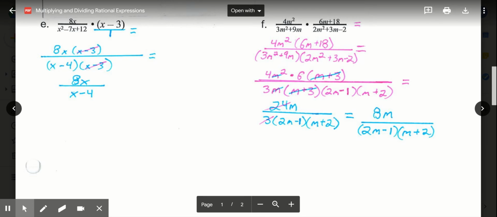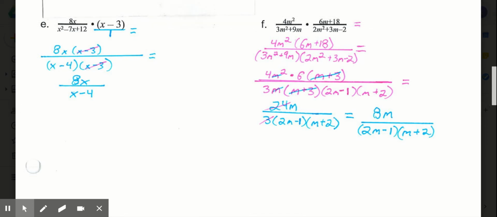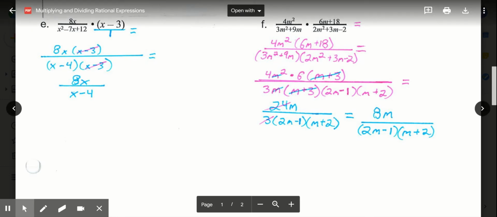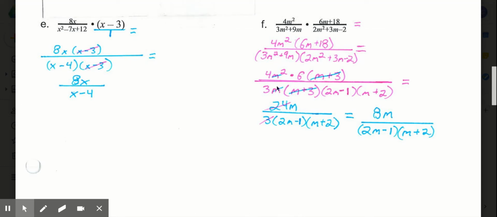So 4m squared times, and I can factor out the 6. So 6 times the quantity m plus 3. And on bottom, the 3m squared plus 9m, I can factor out a 3m. And I have 3m times m plus 3. And then this trinomial factors to 2m minus 1 times m plus 2.